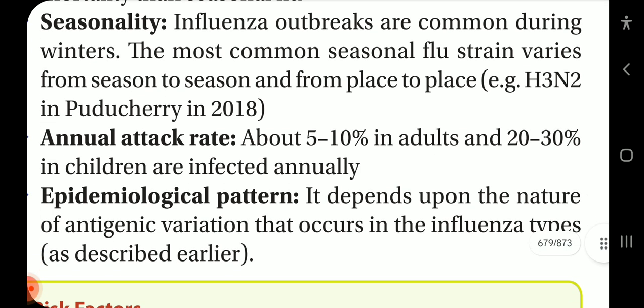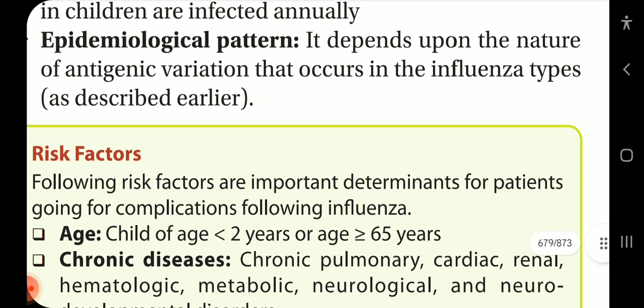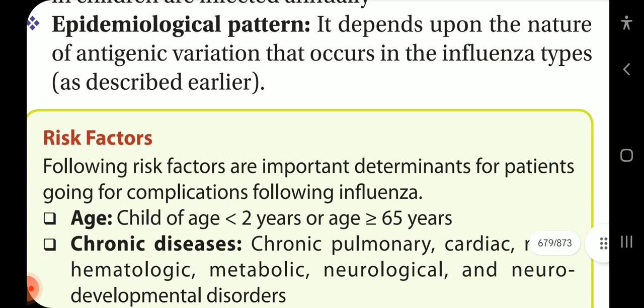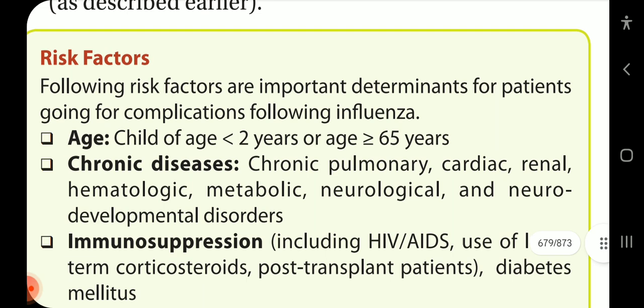Influenza outbreaks are common during winters. Most common seasonal flu strain varies from season to season and from place to place. Example, H3N2 in Puducherry in 2018. Annual attack rate: about 5 to 10% in adults and 20 to 30% in children are infected annually. Epidemiological pattern depends upon the nature of the antigenic variation that occurs in the influenza types as described already.